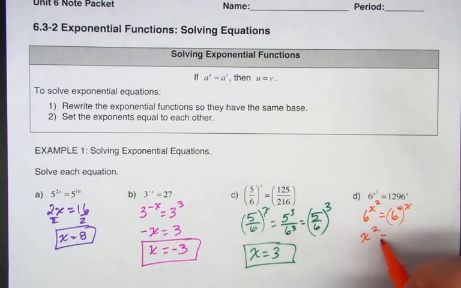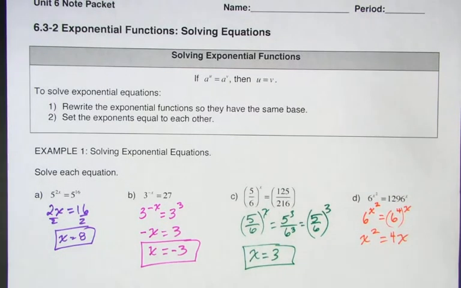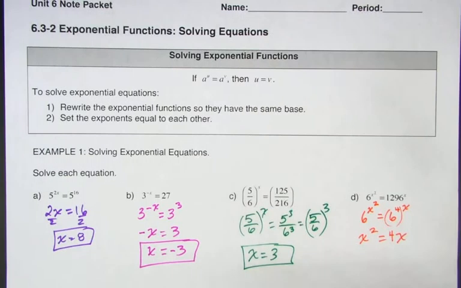which means x squared equals 4x. Now, what kind of equation is this? What do we call this because of the exponents, specifically in this problem? We have x squared. Anytime you see x squared, you should be thinking, set it equal to 0, because what kind of equation is this? Quadratic. Good.